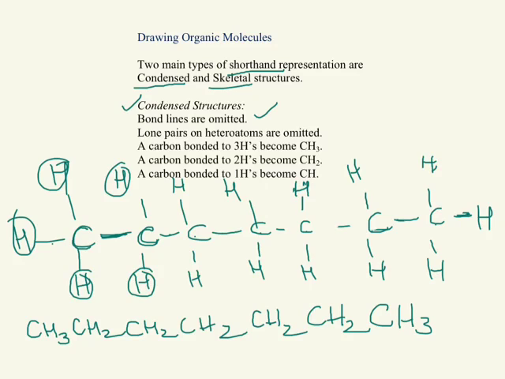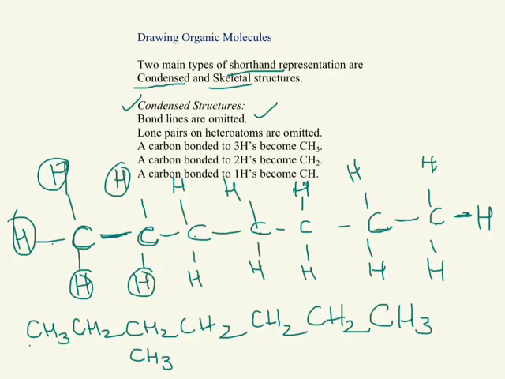This is the condensed structure, and we can further simplify it. How can we further simplify it? Here you write down CH3, then there are 1, 2, 3, 4, 5 CH2s.